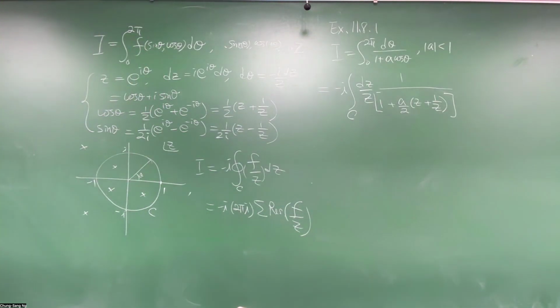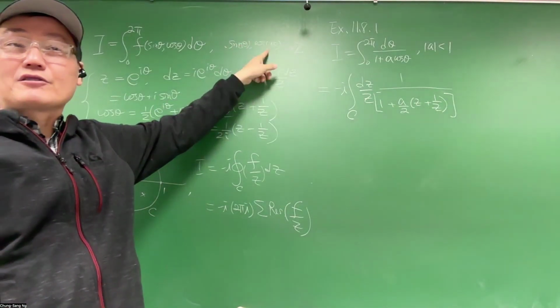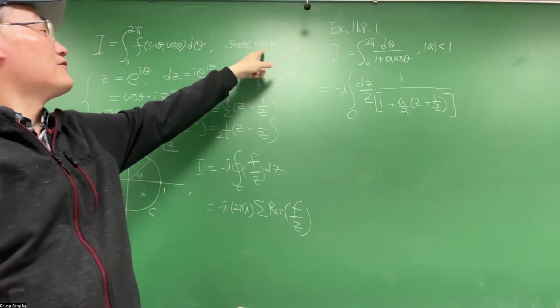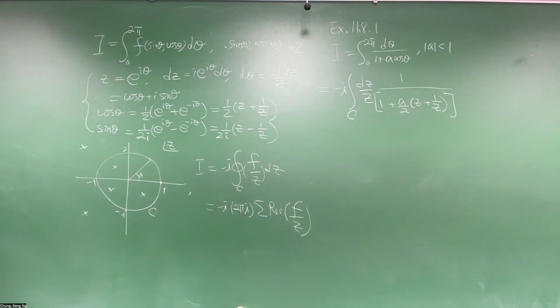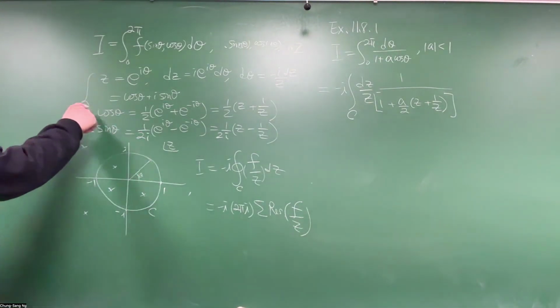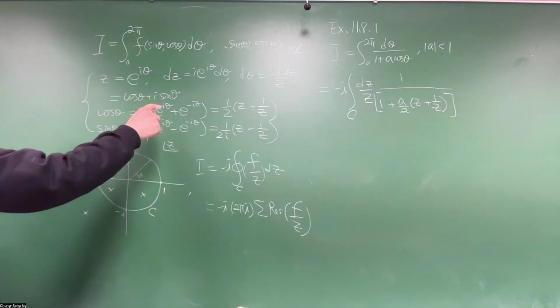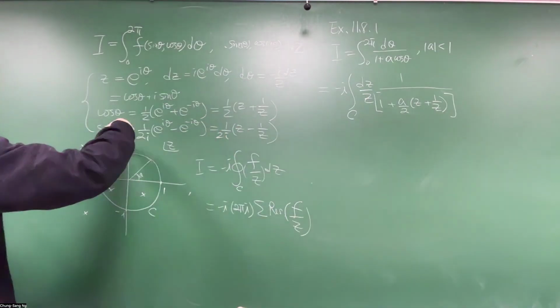One way to do it is to use the trigonometric formulas to express sine n theta and cosine n theta in powers of sine theta and cosine theta. Another way is to follow exactly the same process.